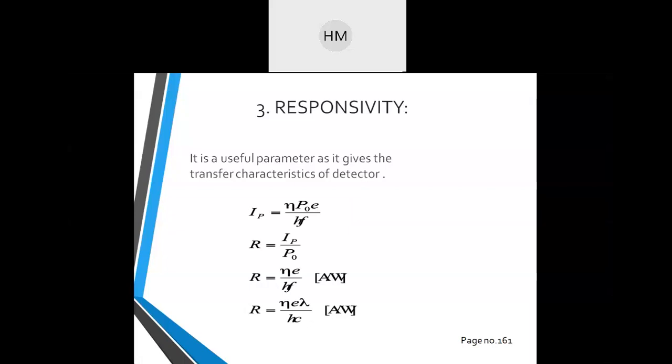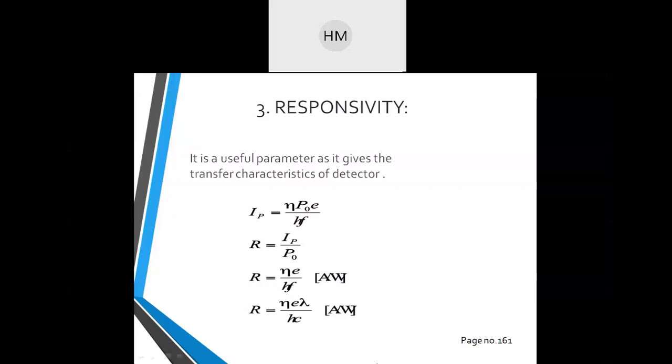Ip is the photocurrent. P0 is the incident optical power. So Ip is given by efficiency times P0 e upon hf, and responsivity is given by Ip upon P0. You have to remember this formula.